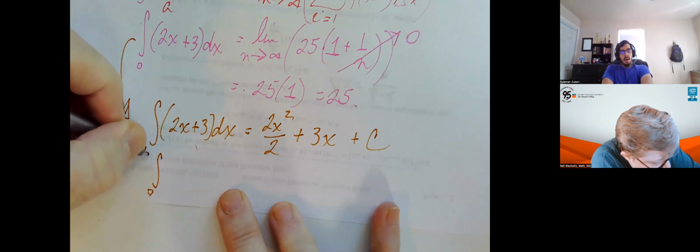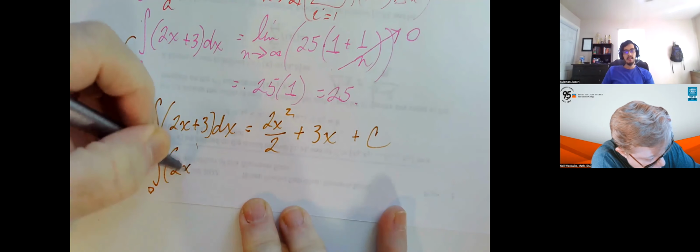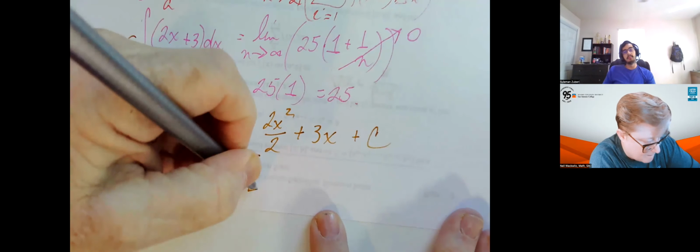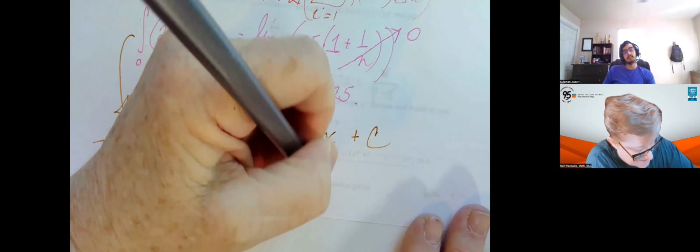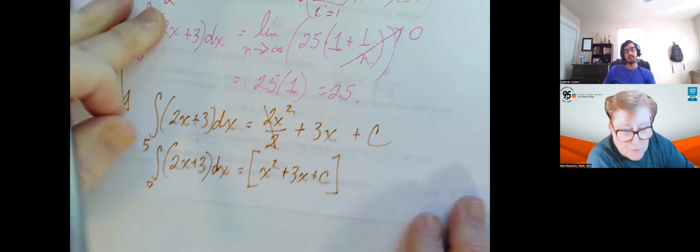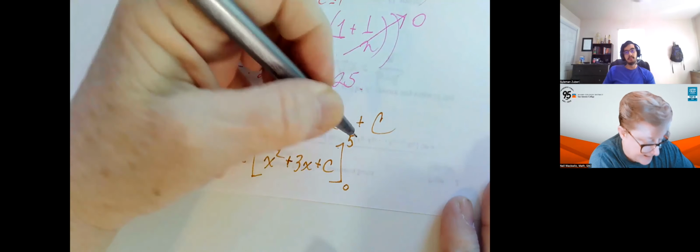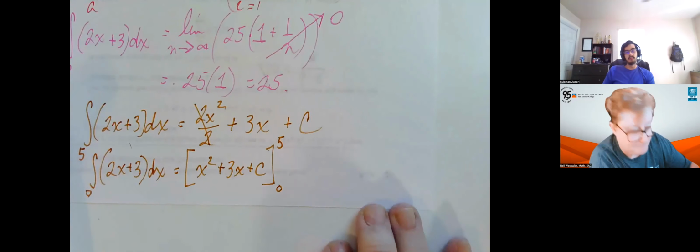We're going to let our x have values so that when we have the integral of 2x plus 3 dx, we're going to take this value that we just found, x squared plus 3x plus c, and evaluate it at x equals 5, and then subtract x equals 0.